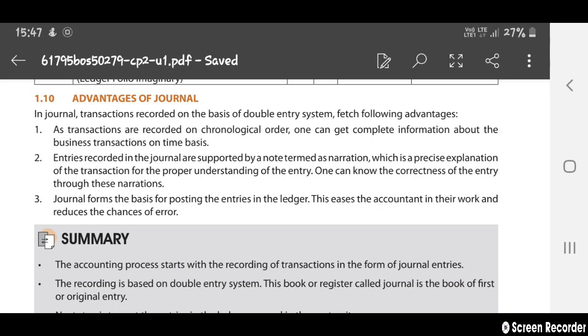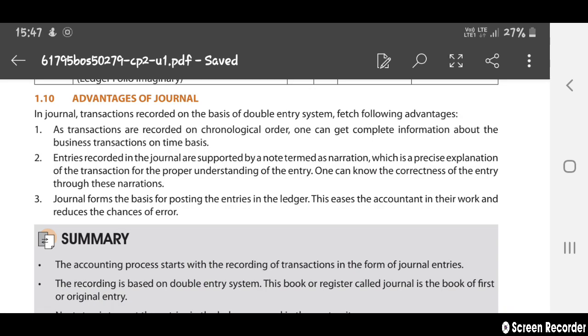As the transaction is recorded in chronological order, you can get complete information about the transaction on a time basis, as it is noted with date, month and year. You will also know for what reason you have given or taken money.